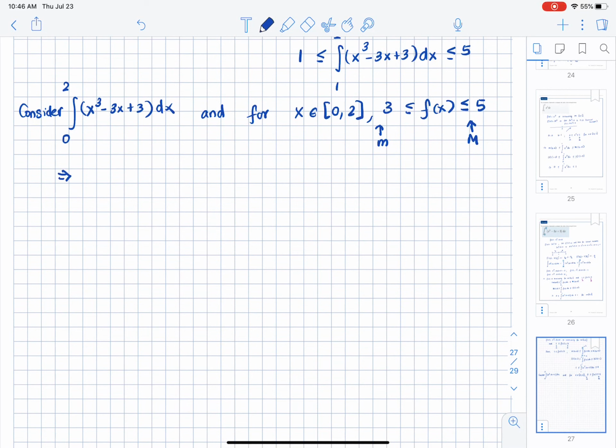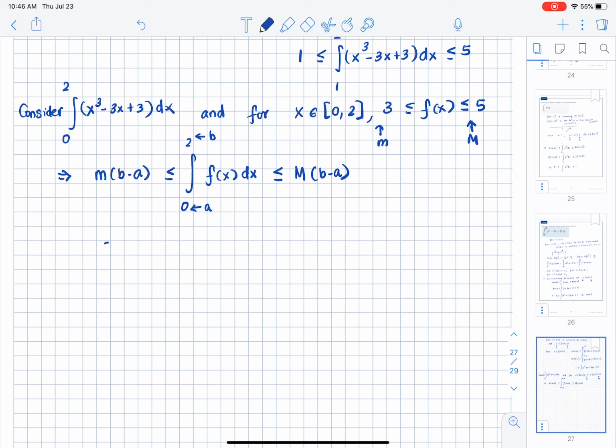So this would mean the integral of the function on the entire interval has to lie between m times b minus a, and uppercase M times b minus a. In this case, b is 2, a is 0.